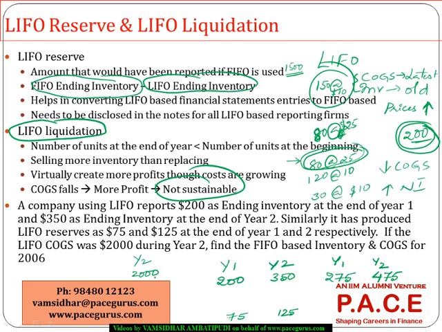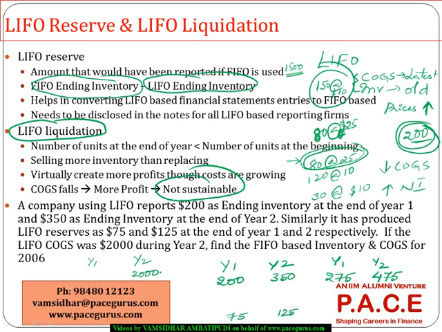So by reporting using the LIFO mechanism, the company was able to report 2000 as the LIFO cost of goods sold, and we don't know about year 1.